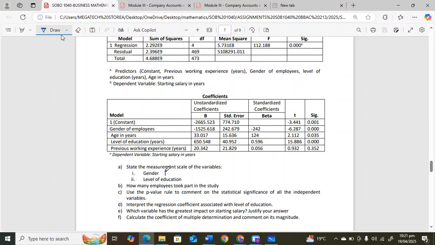Nominal scale. Level of education can be ranked. Ordinal scale. It all depends on the rankings, if they can be ranked or not.